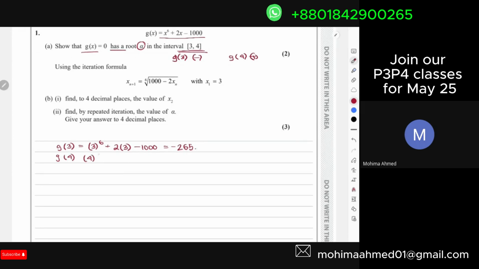That's going to be 4 power 6 plus 2 times 4 minus 1000, that's 3104. So I can understand that between the value for g3 and g4 there is a change in sign, where g of x is continuous, and obviously the root must lie within the interval of 3 and 4.